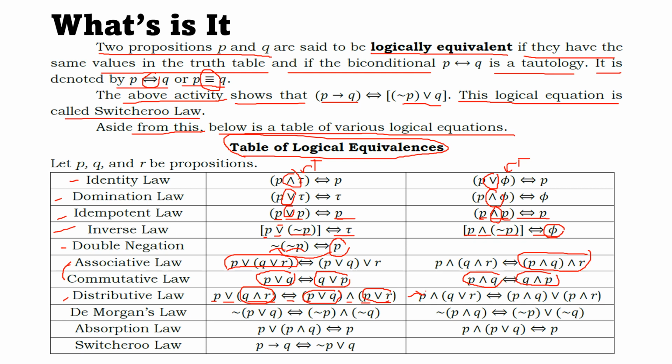So let's deal now with De Morgan's law. When we negate a disjunction, or respectively a conjunction, we have to negate the two logical statements, P and Q in these symbols, and change the operation from disjunction to conjunction, respectively from conjunction to disjunction. So that will be negation P, negation Q, totally opposite of the original P and Q propositions here.